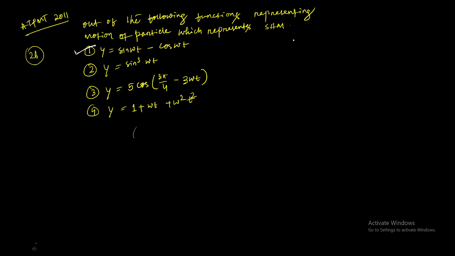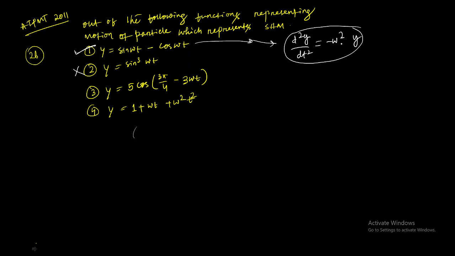Or you can find out d square y by dt square equal to minus omega square y. You can find out for this one. This will hold for this one. Now sine qt is not an SHM, right? This is not an SHM. You can prove it. Again you have to follow this one, d square y by dt square equal to minus omega square y, then it will be SHM.